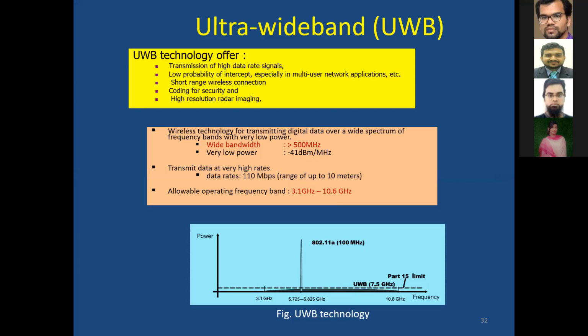The data rate is 110 Mbps, the range can cover up to 10 meters, and it is low power, negative 10 dBm per megahertz. From 3.1 to 10.6 means it is more than 500 megahertz, so we have a tremendous amount of operating bandwidth.